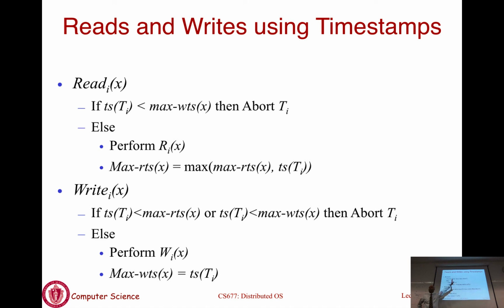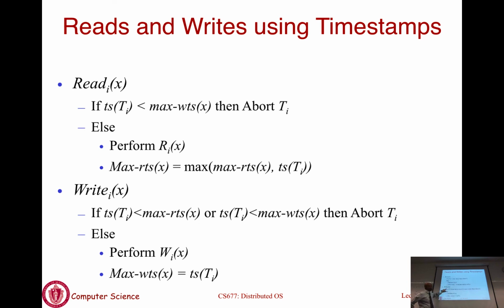As I said, if you have a conflict, then the newer transaction wins. A newer transaction with a later timestamp has already gone and written to X, and you are an older transaction trying to read X, so you will abort. Otherwise, you'll perform the read and then update the timestamp.